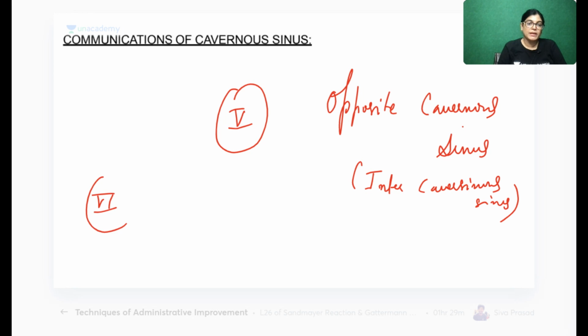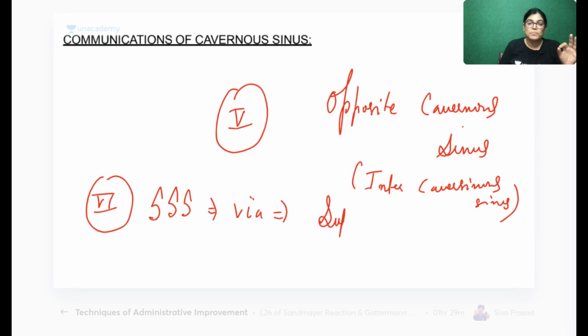Can anybody tell me the communication to superior sagittal sinus, triple S? Cavernous sinus communicates with superior sagittal sinus via what route? The communication is via superficial middle cerebral vein.